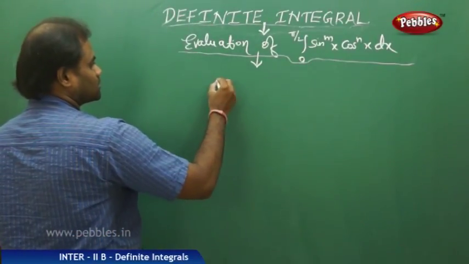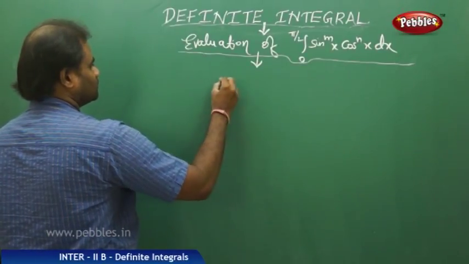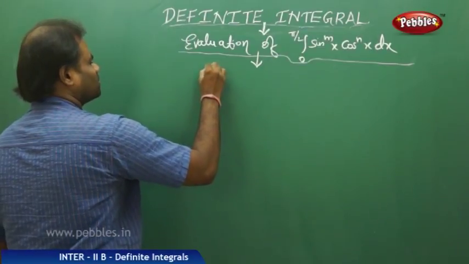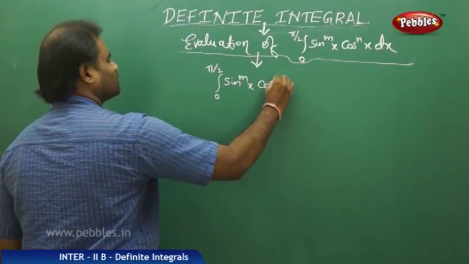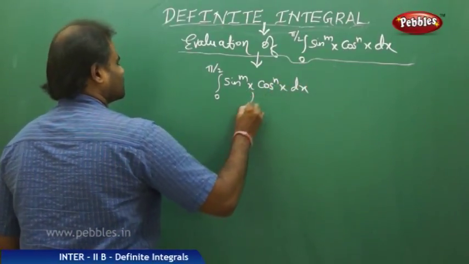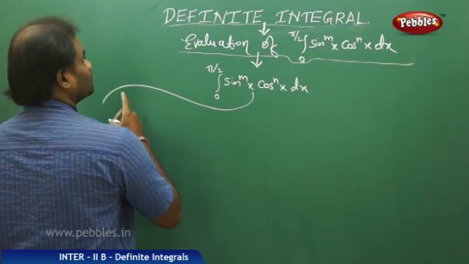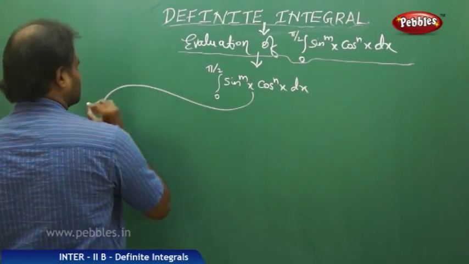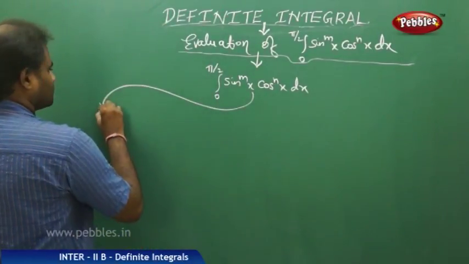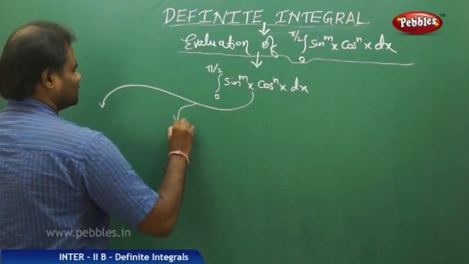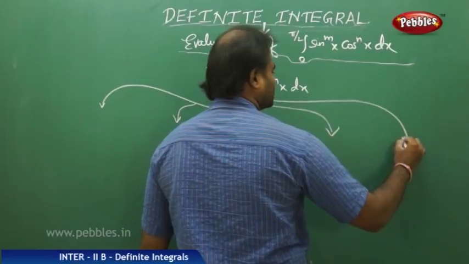There are different cases through which I can evaluate each of the integrals. Integral 0 to pi by 2 has totally 5 cases, 1 2 3 4 5.